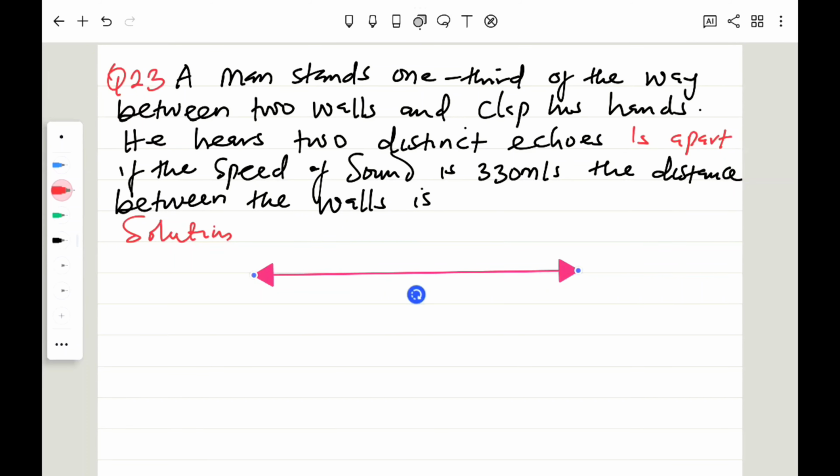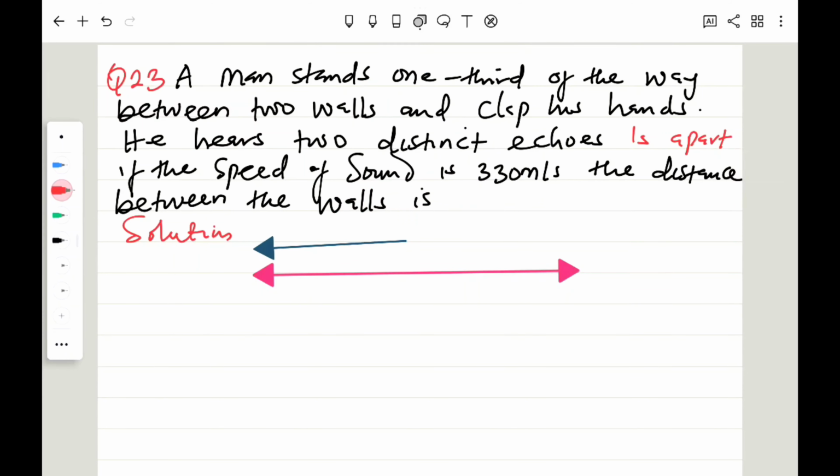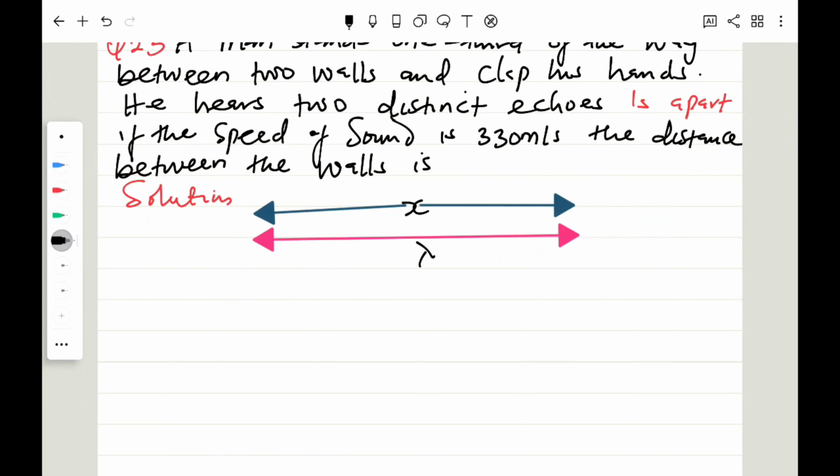So solution, let's assume that this is the distance between the walls, X. Okay? Then the man is standing in between. If this is our wall and this is also our wall, then we can say that 1/3 of X is equal to X over 3.